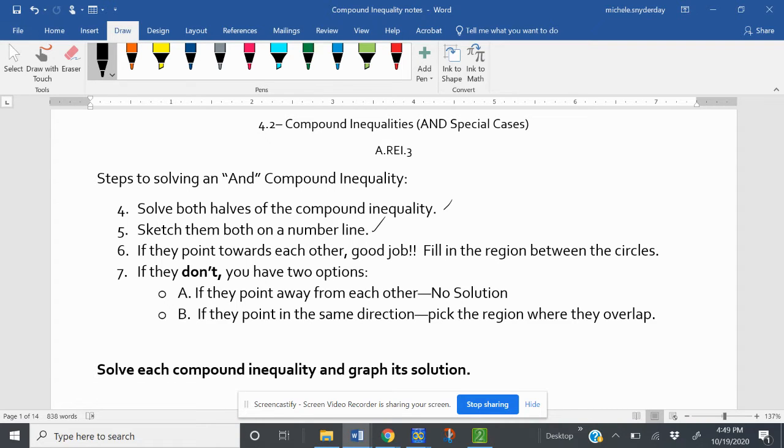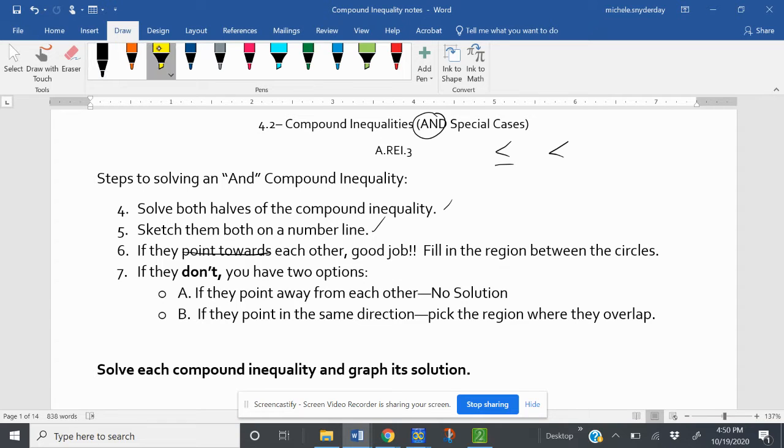If they don't point towards each other, but you know they are and inequalities, either because they are separated by the word and, or they have less than signs of some kind separating the inequalities.